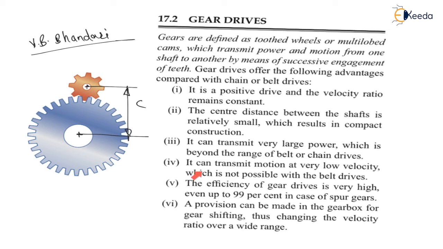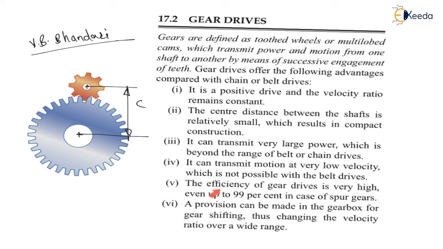Again, it can transmit motion at very low velocity which is not possible with the belt drive. If I want to transfer motion with very small velocity, there will be slip for belt drives and other drives, but gear drive can transfer, right? You can see in watches there are gears and gear drives.